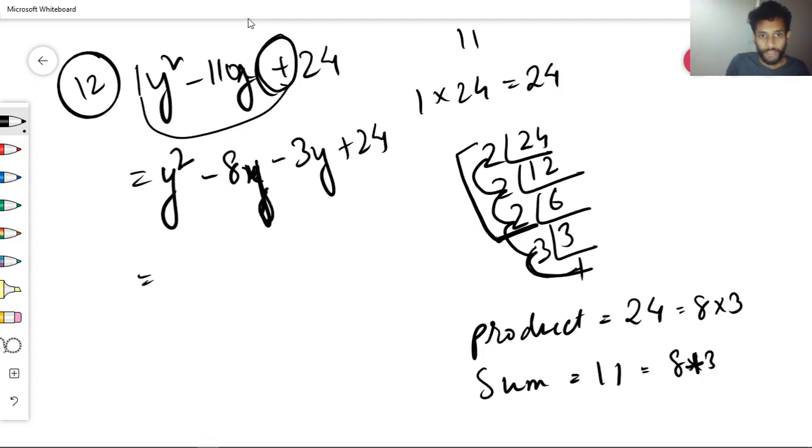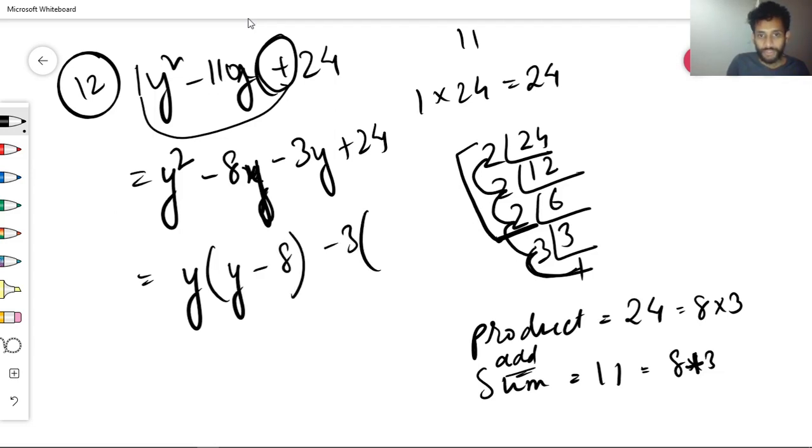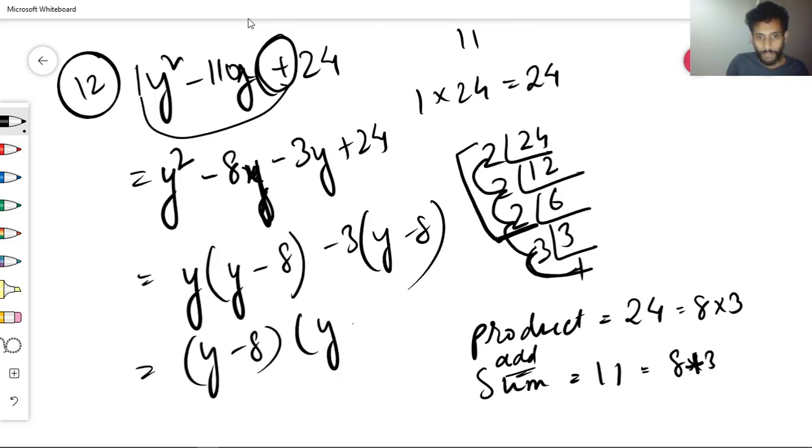You got this part. This minus and this minus together give plus; the addition is 11, but the result will be in minus. This one was the second format. So y common, y minus 8, then 3 common, y minus 8, so y minus 8 common, y minus 3. This is the answer.